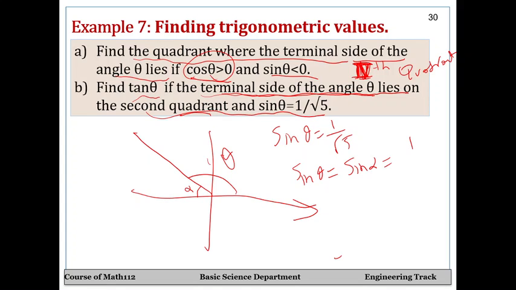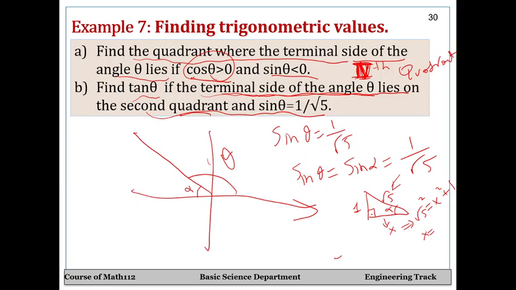And then sine alpha turns out to be 1 over square root 5. Then you can set up the triangle like this, alpha, 1, square root 5, and then here you find x by using Pythagorean.